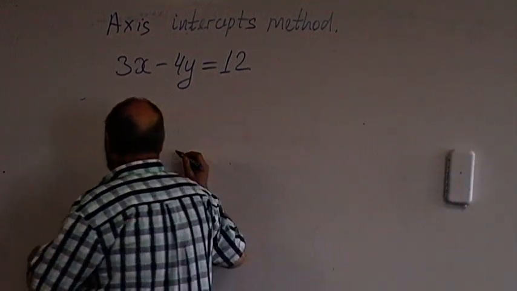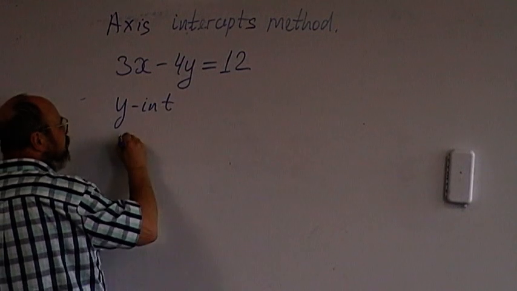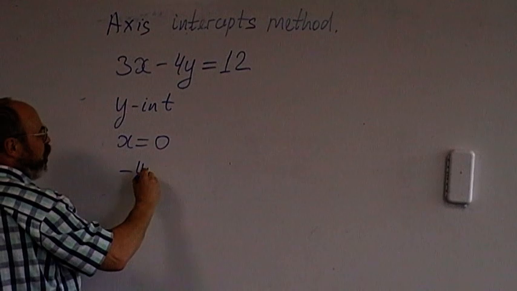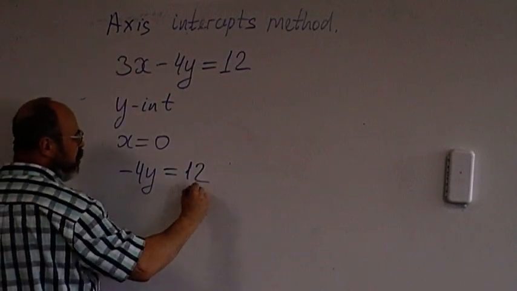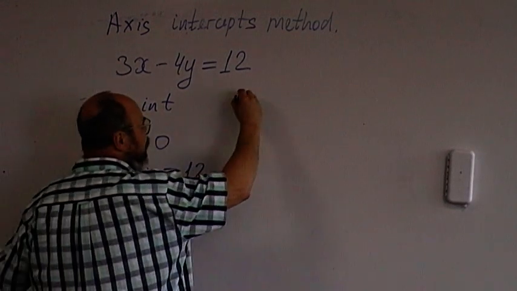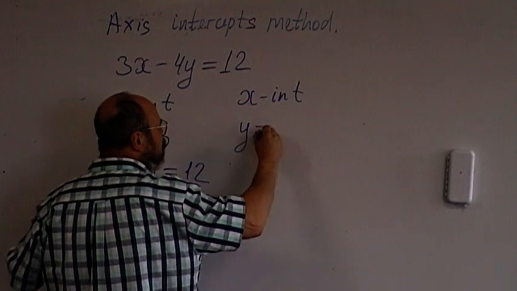To find the y-intercept, what should you do with x? x equals 0. So we get negative 4y equals 12, because the 3x term becomes 0. y equals negative 3. Then to find the x-intercept, y equals 0.